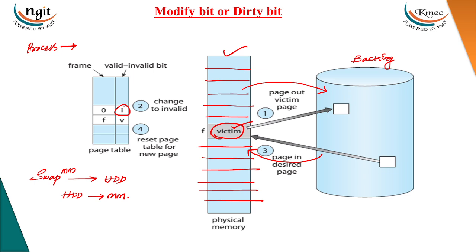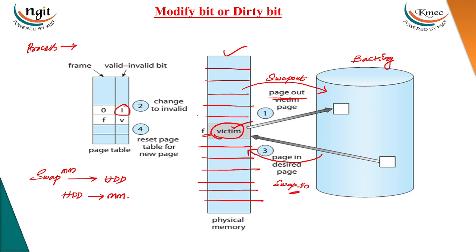The transfer of a page from main memory to hard disk, we will call page out or swap out. The transfer of the new page from hard disk to main memory in place of the old page, we will call page in or swap in.